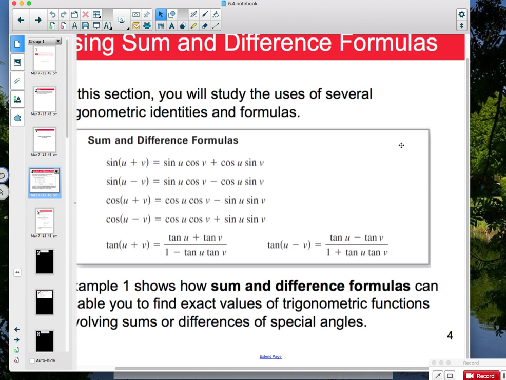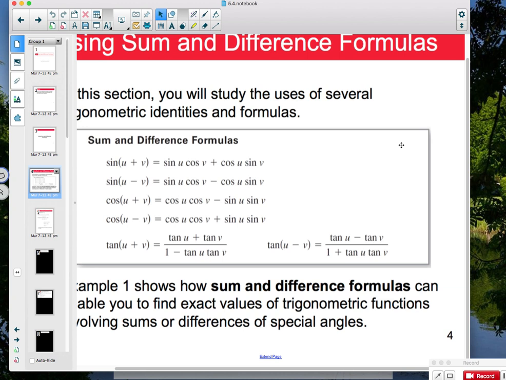Then you have cosine of the sum, which is cosine u cosine v minus sine u sine v. And then cosine of the difference, u minus v, and you get cosine u cosine v plus sine u sine v. Notice that the signs are changing. So you can come up with your own mnemonic devices.